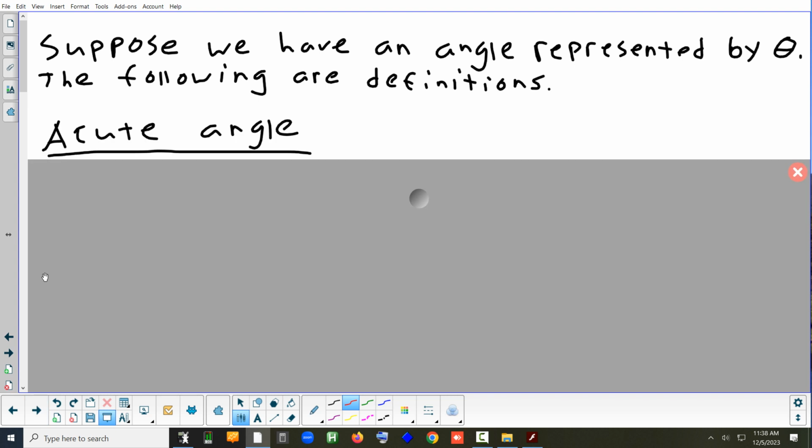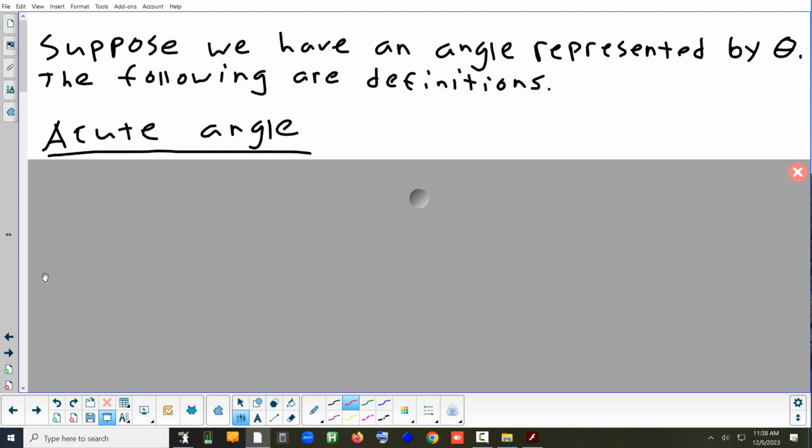So, we're going to talk a little bit about definitions based on the sides of angles. And I'm going to represent my angle by theta. Okay, so I have some angle. It's theta degrees. If it was acute, what would that mean about my angle? Yeah? Less than 90. Right?